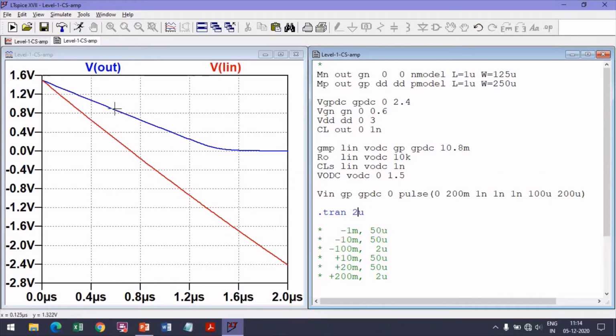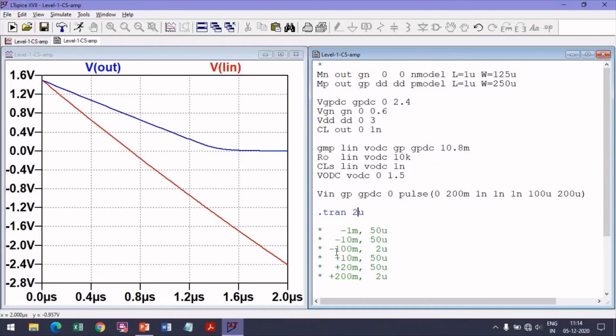The actual, first of all, it is linear, and it is growing more slowly than the linear predicted model, because now the rate of change of the output voltage is limited by the saturation drain current of the NMOS. This is the slewing limit. This circuit cannot cause the output voltage to decay any faster than what is given by this plot, because it is limited by the drain current of the NMOS transistor.